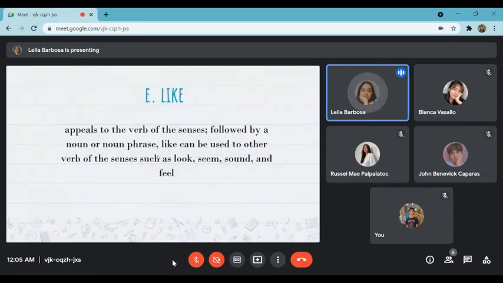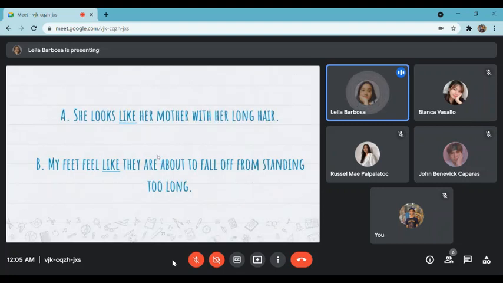Okay, so let's proceed to our last example. Our last comparative form is like. So this appeals to the verb of the senses followed by a noun or noun phrase. Like can be used with other verbs of the senses such as look, seem, sound, and feel. So let's see our example here. Who would like to read letter A? Ma'am, yes, Benedict.